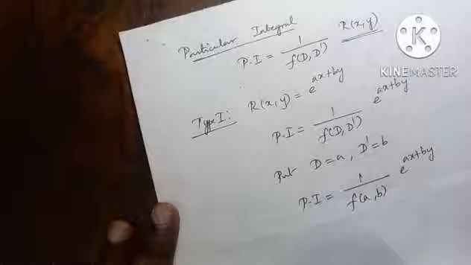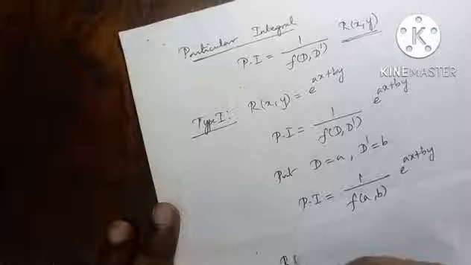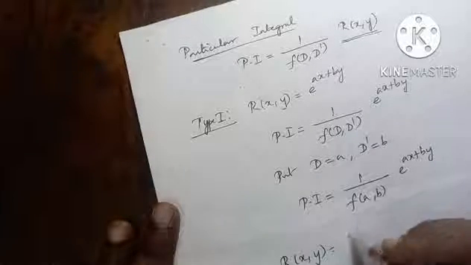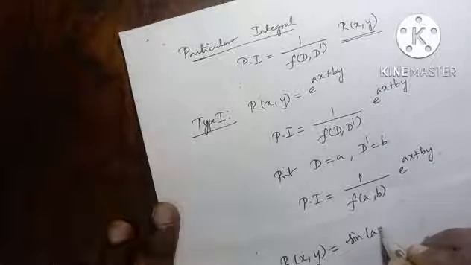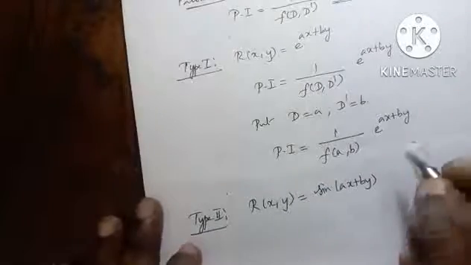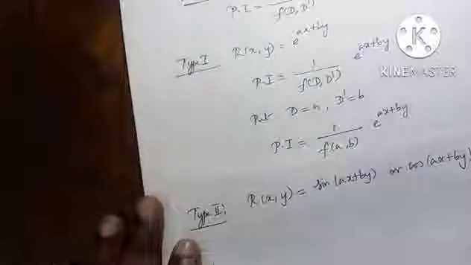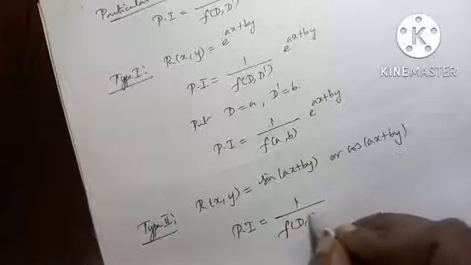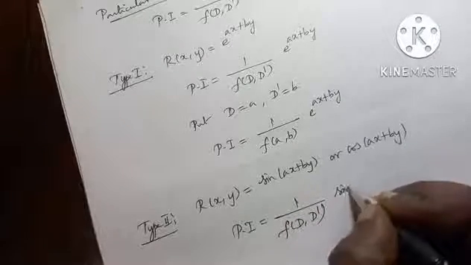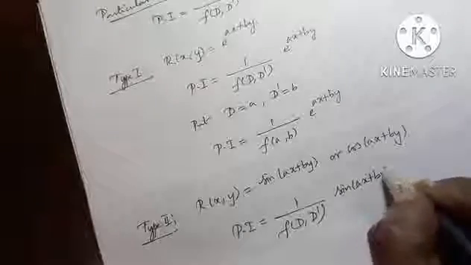What is type 2? R of x comma y is equal to sine of ax plus by or cos of ax plus by. PI is equal to 1 by f of D comma D dash into sine of ax plus by.